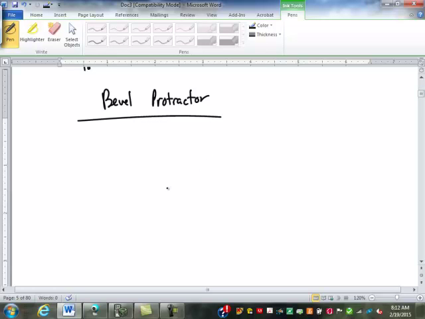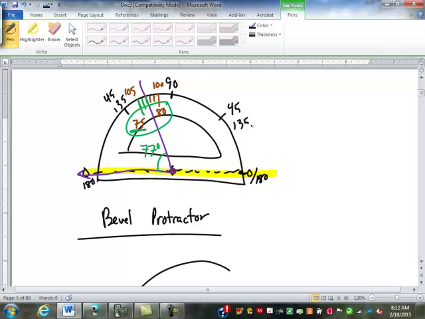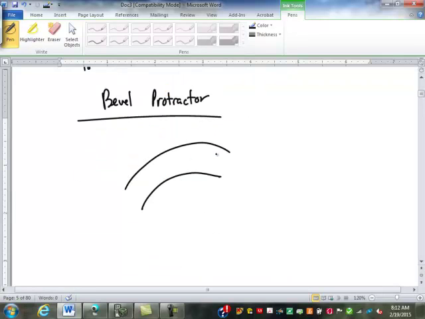On the universal bevel protractor, you're going to read an indicator. It's got a bar, kind of like the top bar of the regular protractor, with your markings on it. Let's say this is 40 degrees here: 41, 42, 43, 44, 45. Pretend those are evenly spaced.